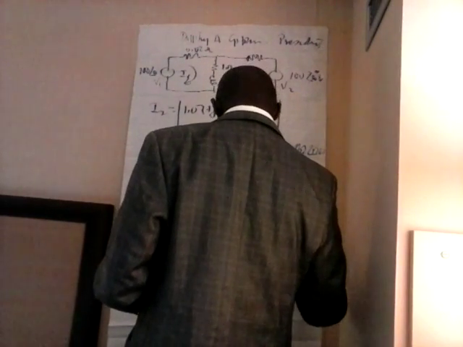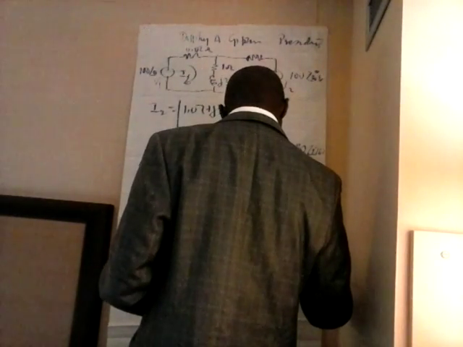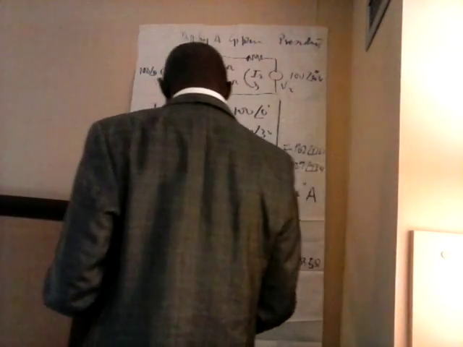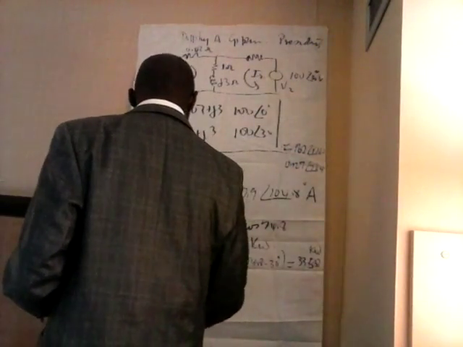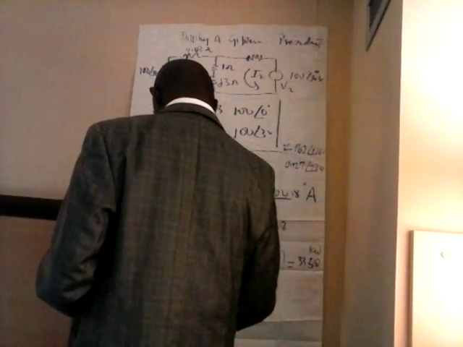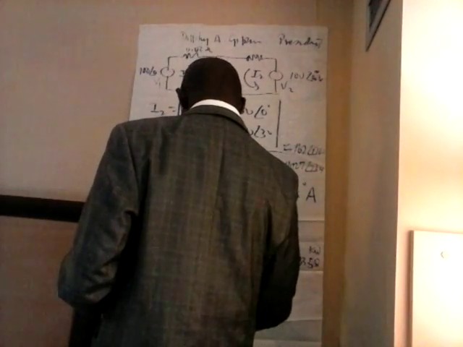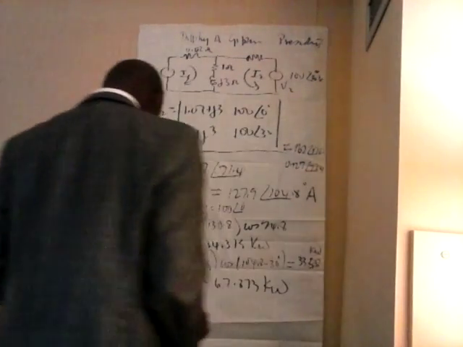And that's equal now to 33.558 kilowatts. And so we say now that power 1 plus power 2 is equal to 67.873 kilowatts.